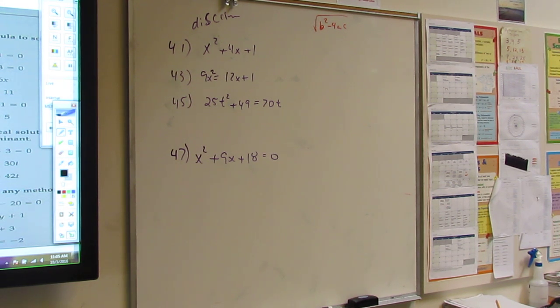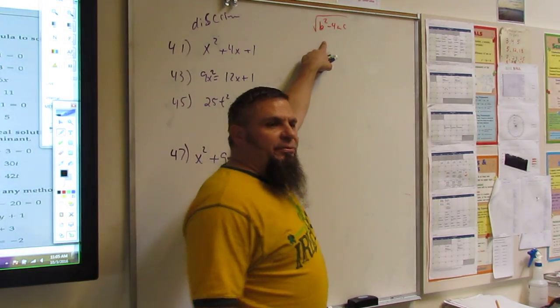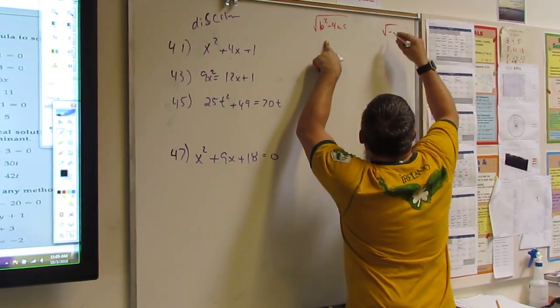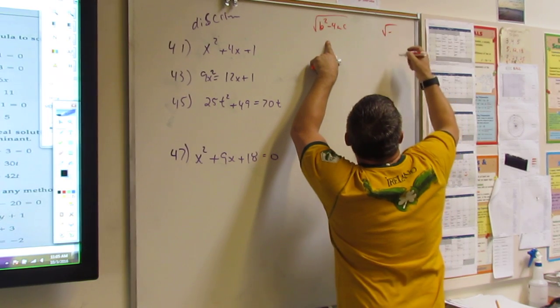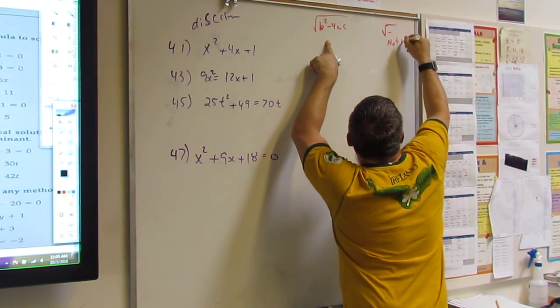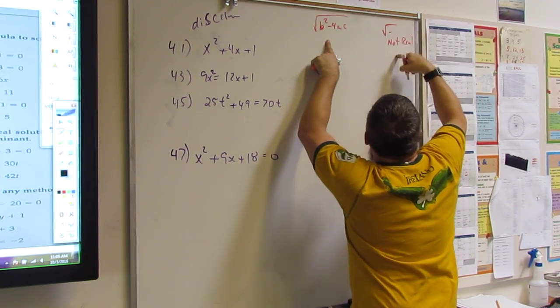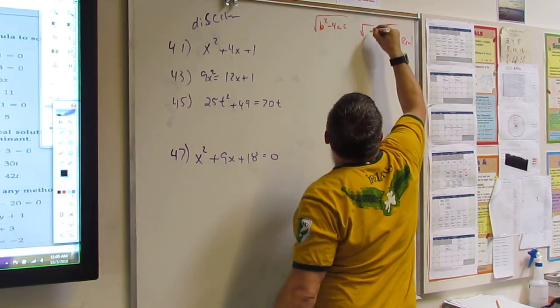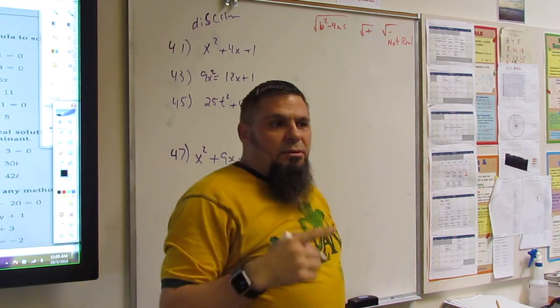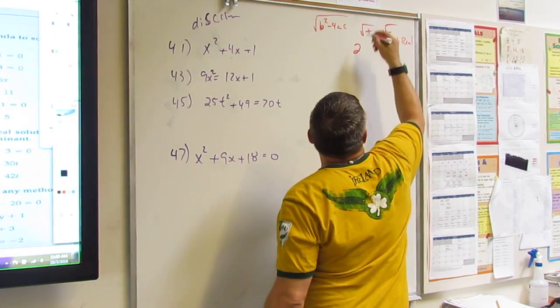Okay. So the discriminant is because if it's negative, right? If you square root a negative, it's not real. It's imaginary. If it's the square root of a positive, that means it's 2 real numbers.